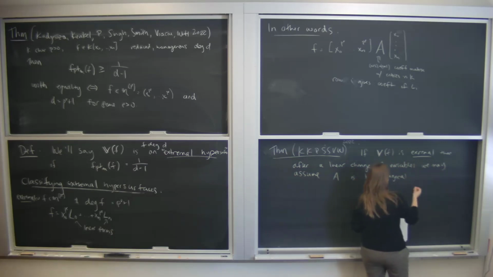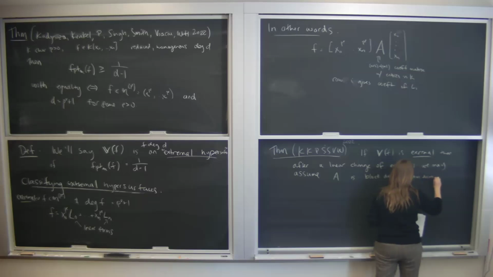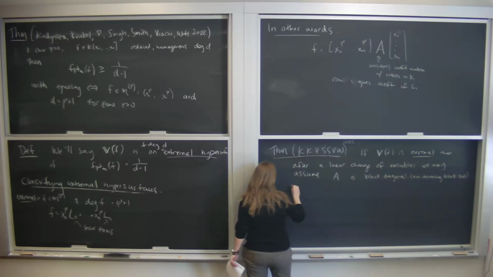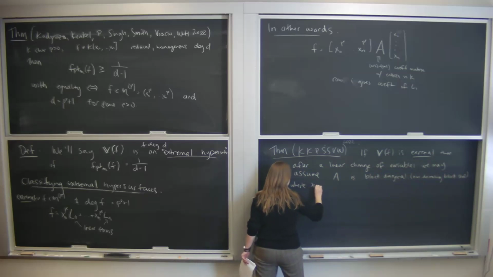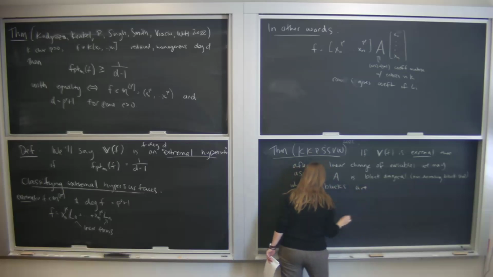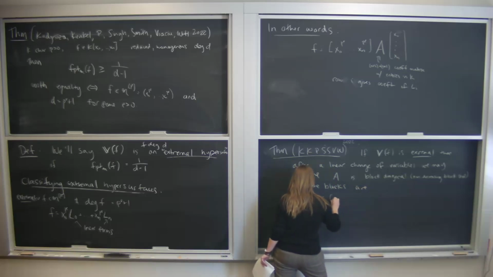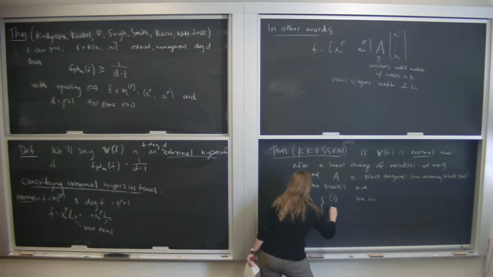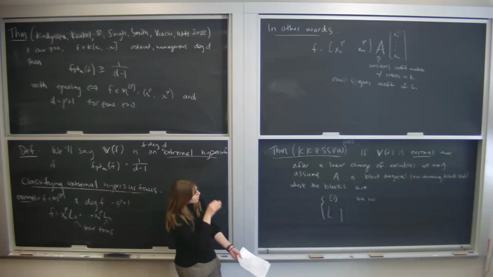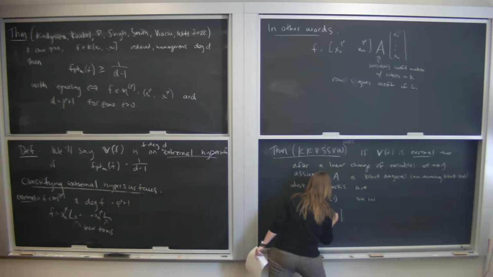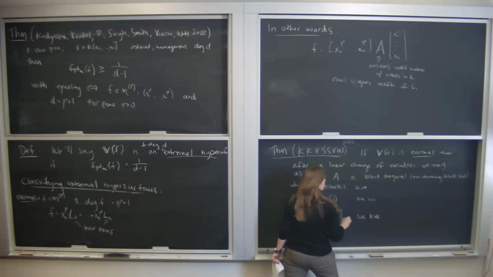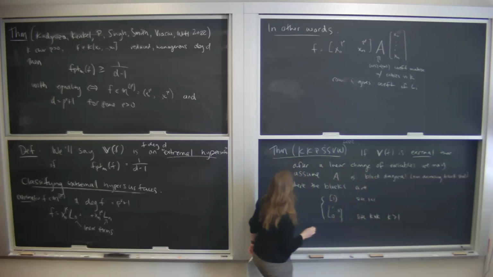So let's say non-decreasing block size. The blocks are either just size one, or they're a matrix with ones on the upper diagonal and zeros everywhere else. Great.